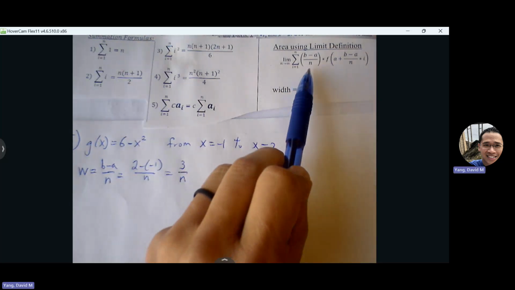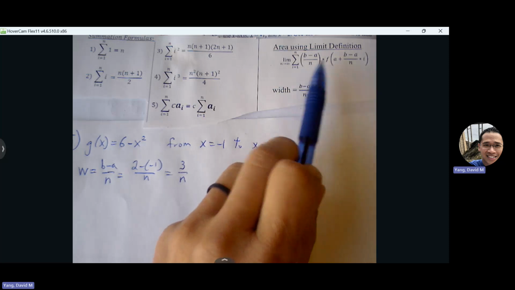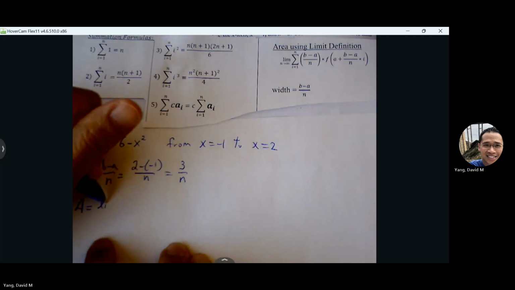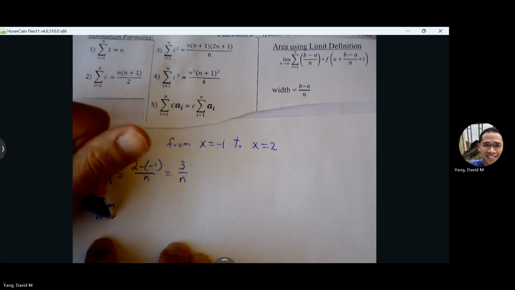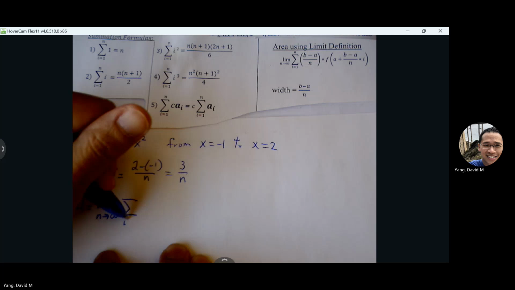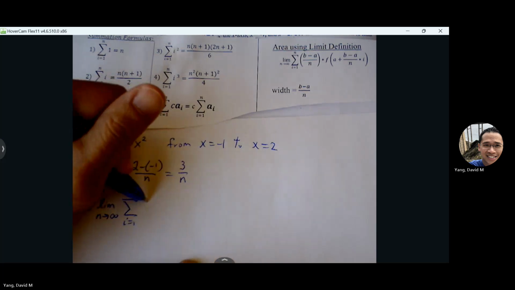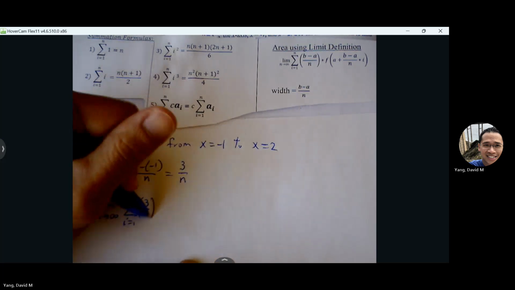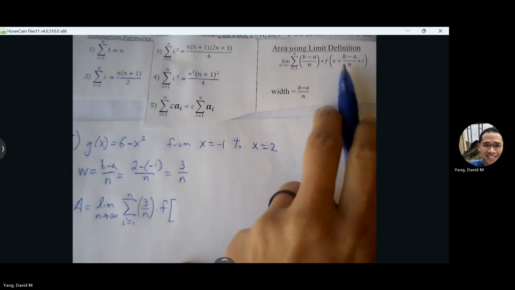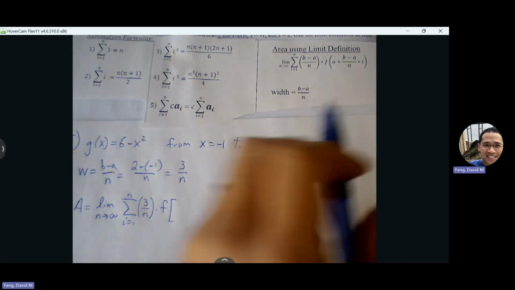Okay, next step is to put into your area definition. A plus width times i.